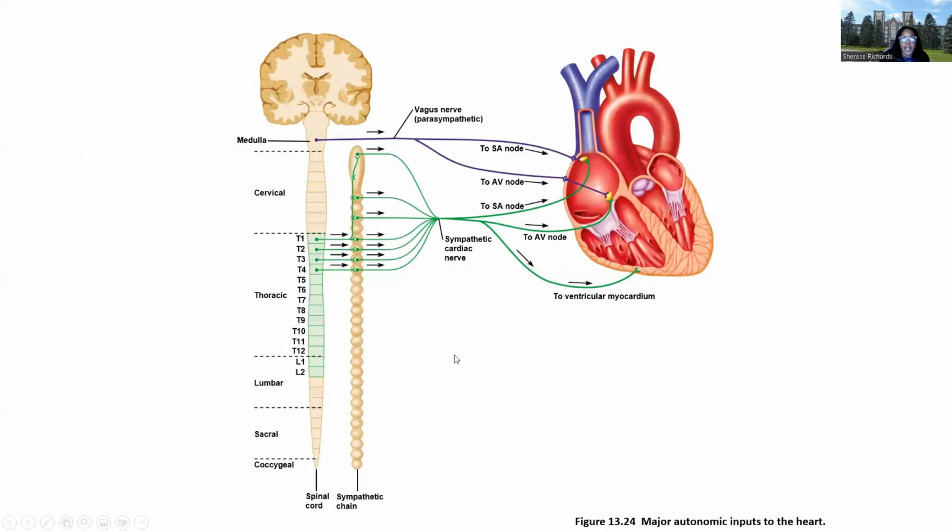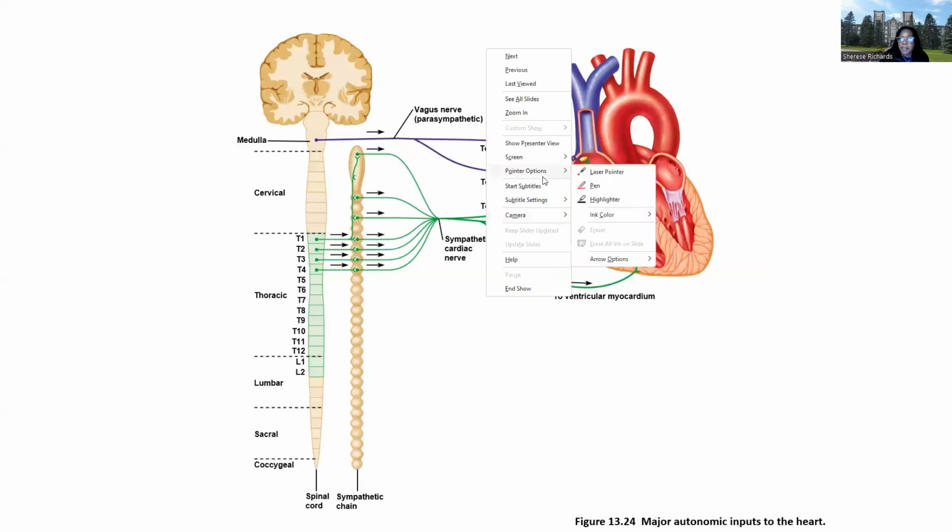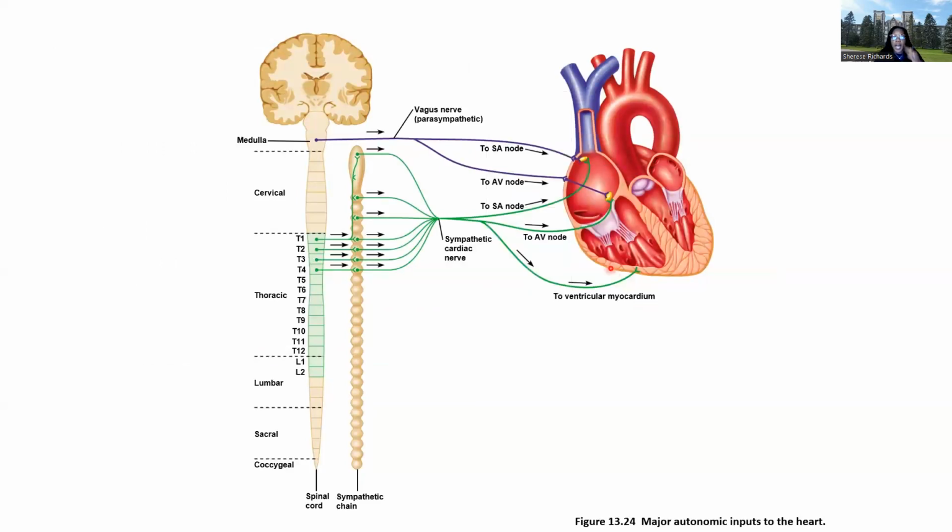Just to illustrate how those structures receive external input, we've got the nervous system here on the left, right? The brain, parts of the medulla, which have some of the cell bodies of our parasympathetic neurons. So for example, the vagus nerve would have its cell bodies in the medulla.